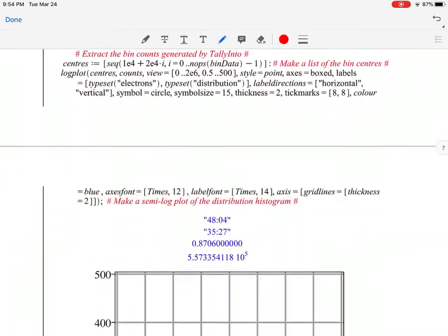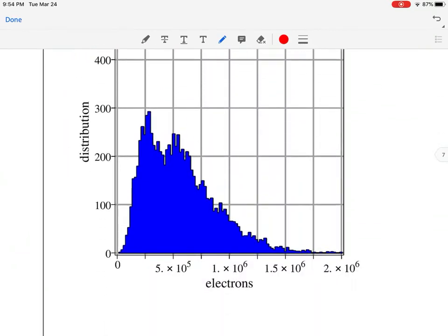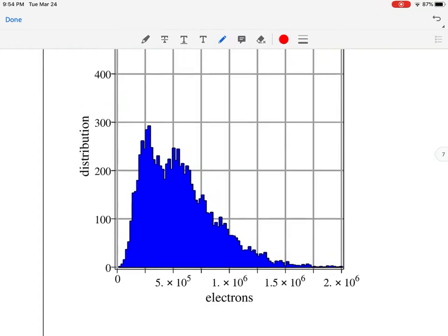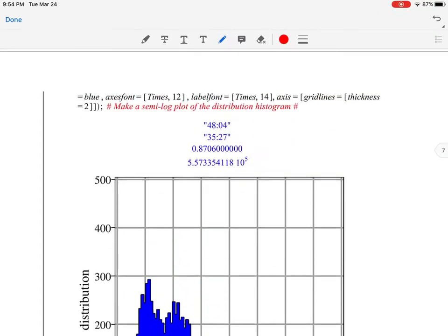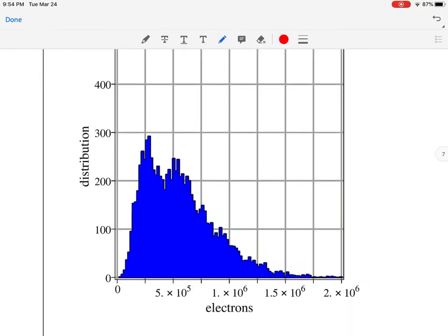And then when we plot the distribution for that case, remember we calculated an average of about 500,000, and we get that same average, and that's over here. And this time, the tail for a high number of anode electrons is really long compared to the tail for a low number of anode electrons.